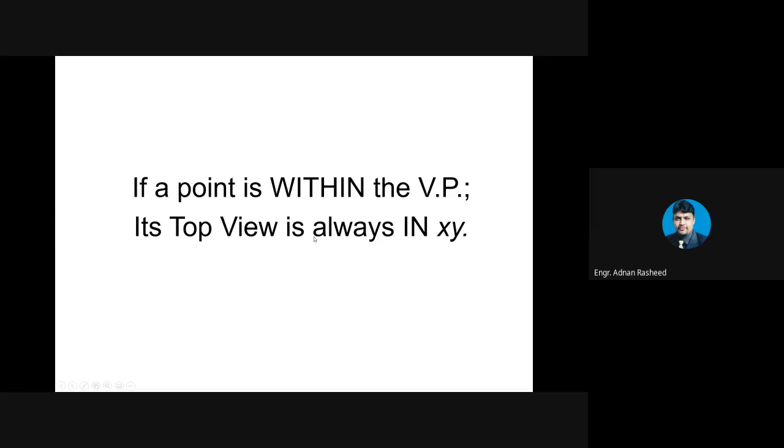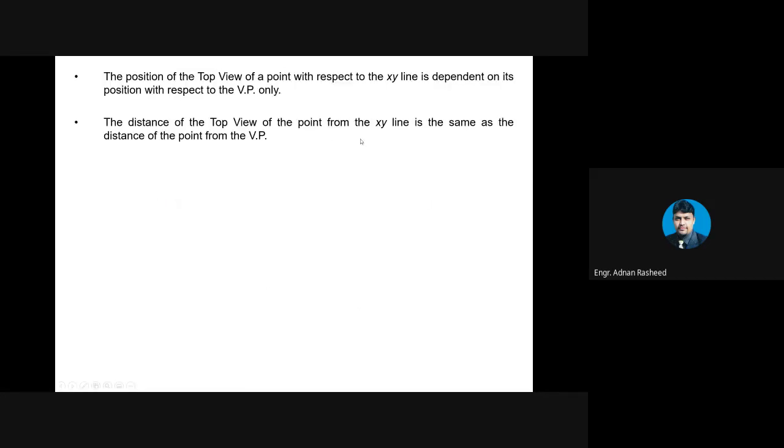So we make a conclusion that if a point is in the vertical plane, its top view will always be on the XY line. The position of the top view of a point with respect to the XY line is dependent on its position with respect to the vertical plane only.